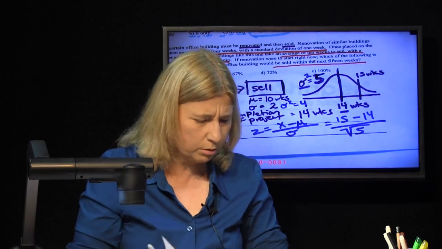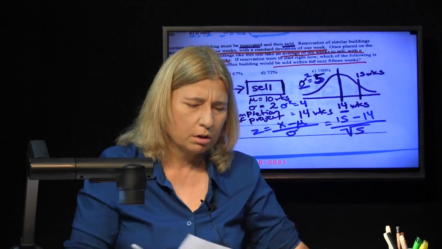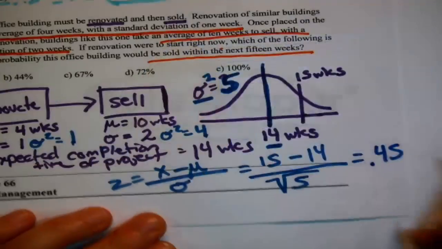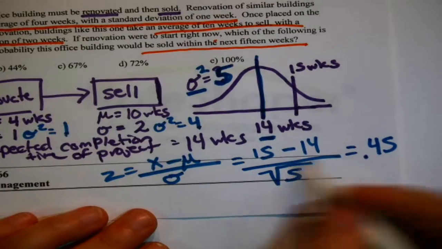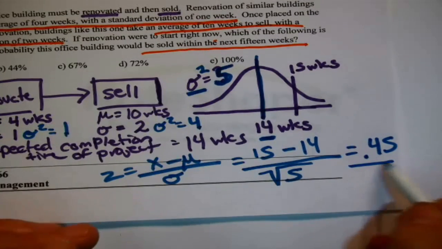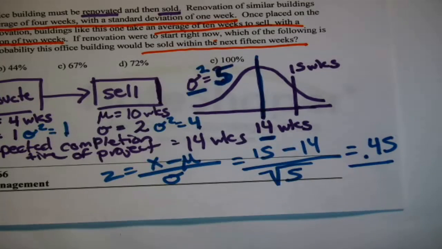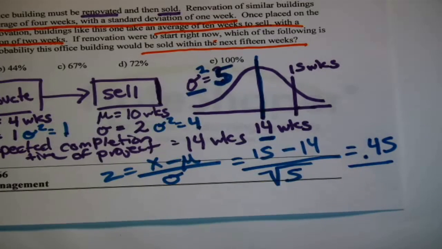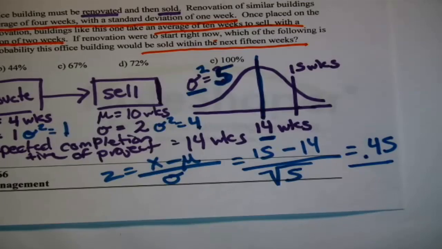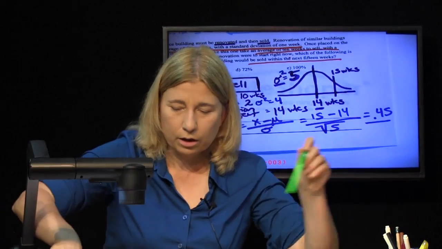Anyway, when you do that, where's my scratch work? We get something like, I rounded 0.45. It's a little messier than that. That's the z-score. What am I supposed to do with that, and why in particular did I round it to two decimal places? Because I want to look it up on the z-table.